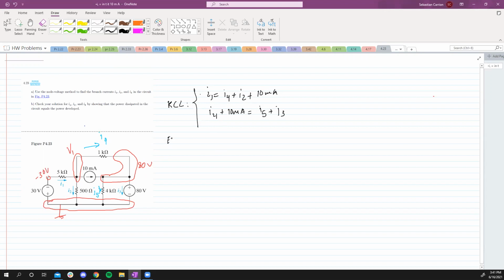For Ohm's law, I1 is equal to -30 minus V1 over 5,000. I2 equals V1 over 500.